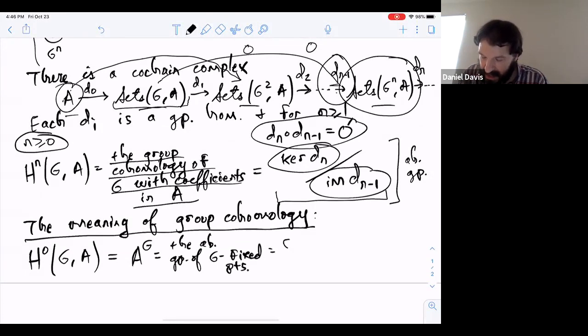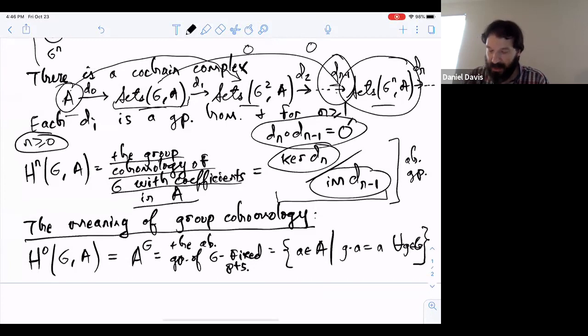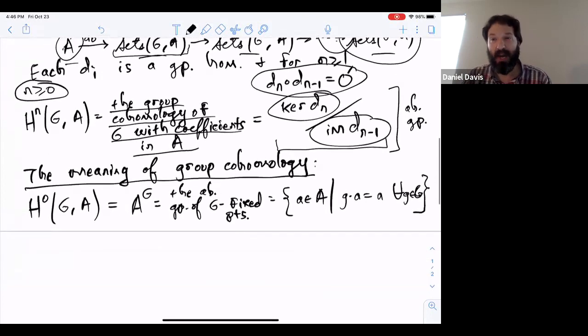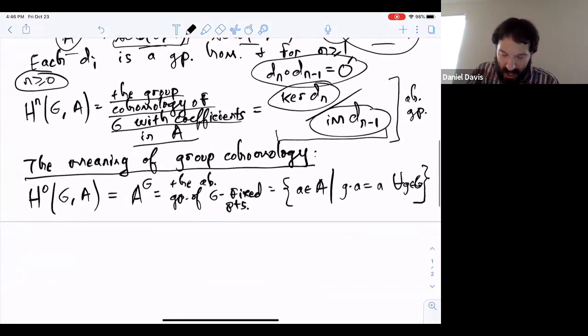Just to be explicit, this is all the elements in A such that g dot a is equal to a for all g in the group. So it's the fixed points by the group.